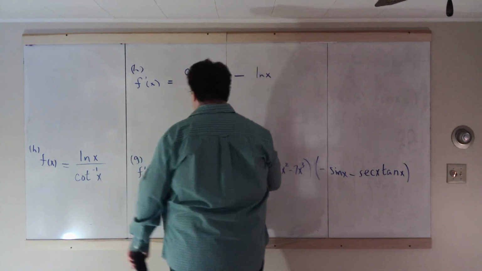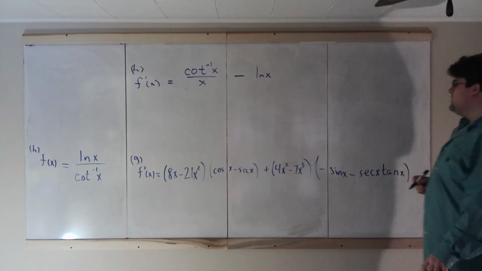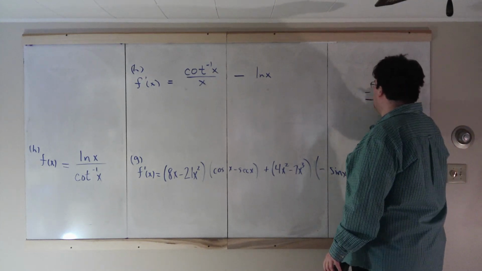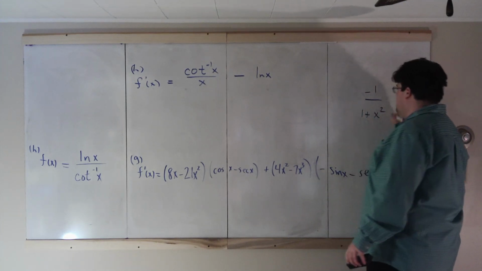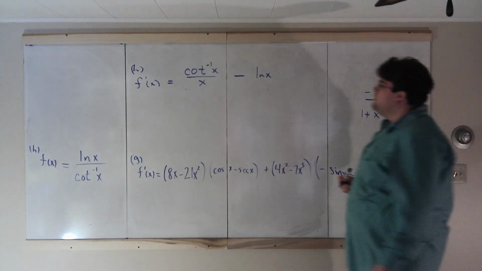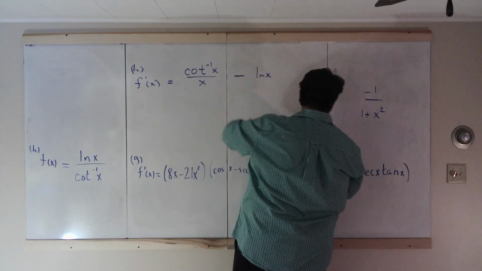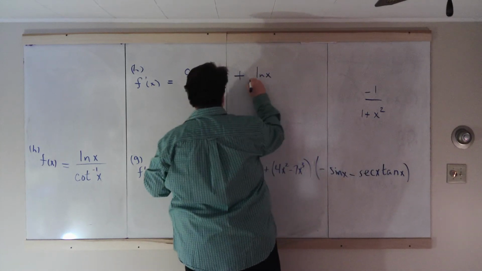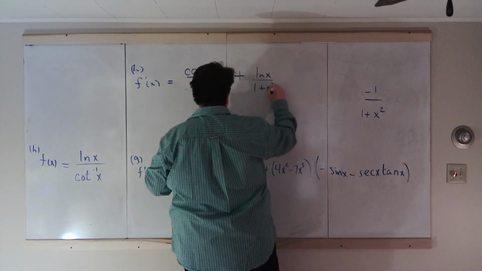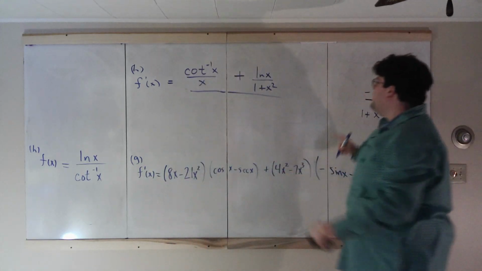So we have bottom, derivative top, minus top, derivative of the bottom. What's the derivative of cotangent inverse? Well, the last rule on page 4 says the derivative of cotangent inverse is negative 1 over 1 plus x squared. So we have bottom, derivative top, minus top, times that, so minus top times that.